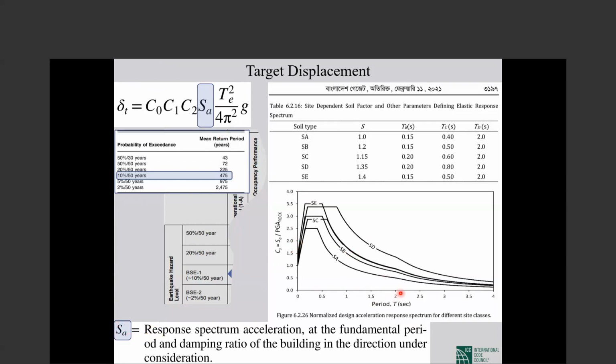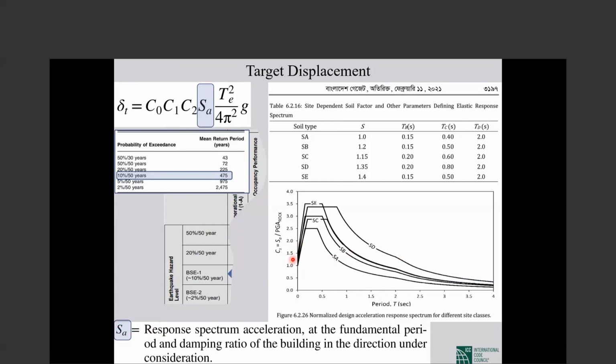For base shear in linear analysis, getting acceleration was good, because acceleration times mass becomes force, Newton's second law.